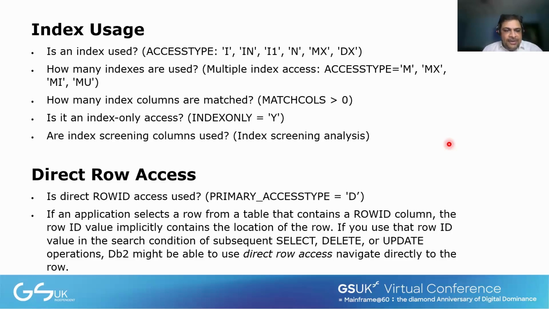If you use that row ID value in your search, select, delete or update DML, DB2 will have direct access to that particular row, and it's good. You can get that information from this column. There are some related columns as well, but these are the basic columns, such as primary access type.